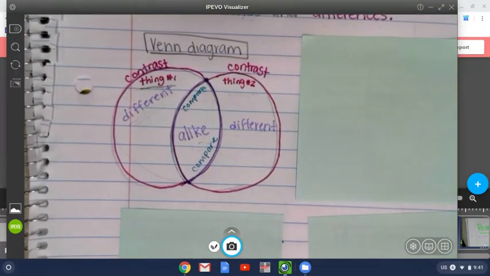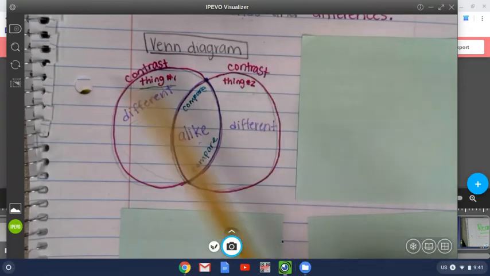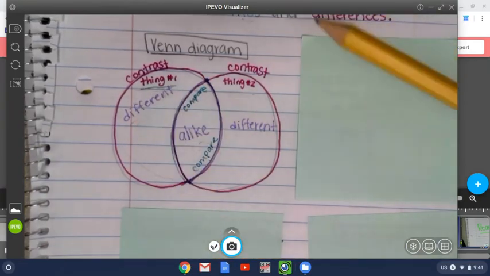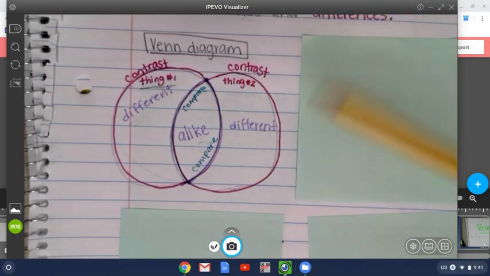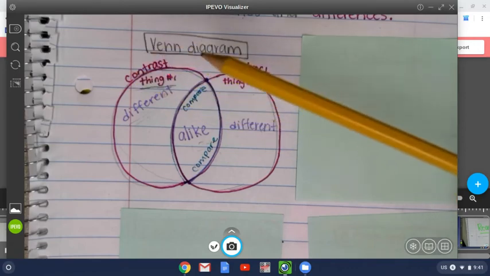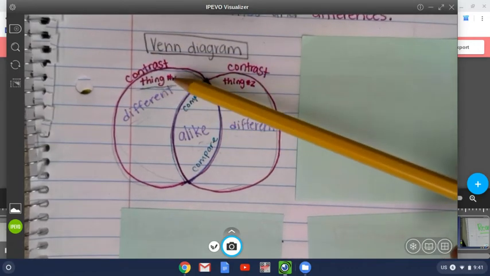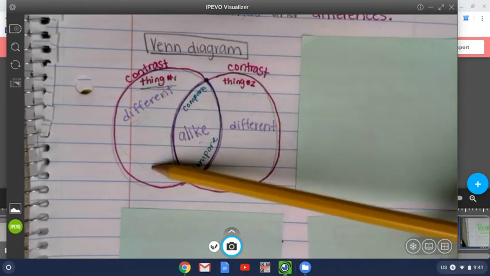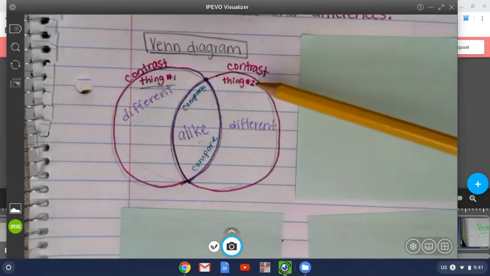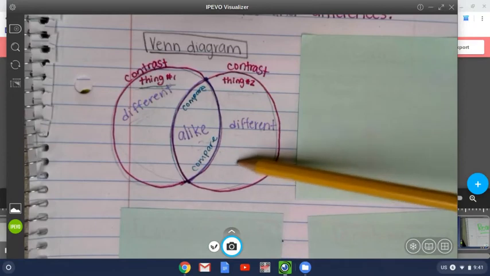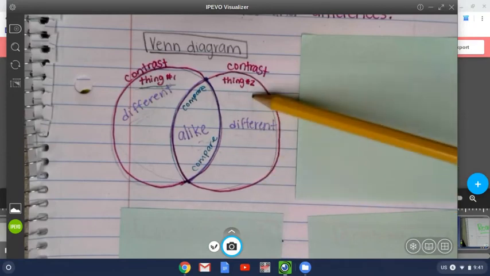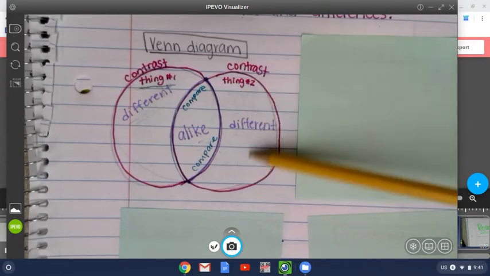Venn diagrams are 2 circles, and they are comparing and contrasting two different things. So the things that are different about thing one, only about thing one, go on this side of the circle. Things that are only about thing two, that are different about thing two, go on this side of the circle.